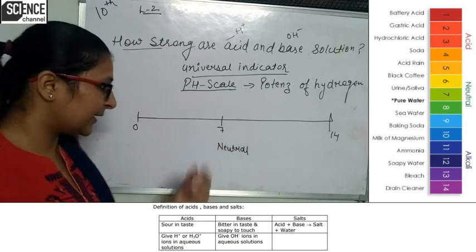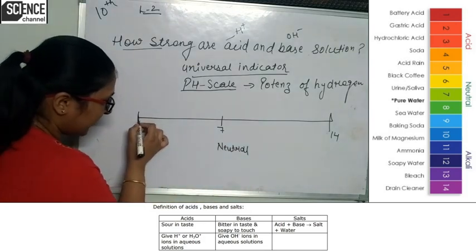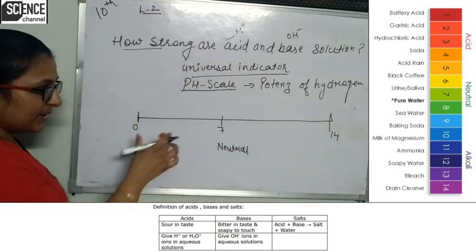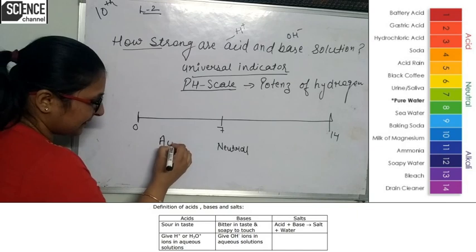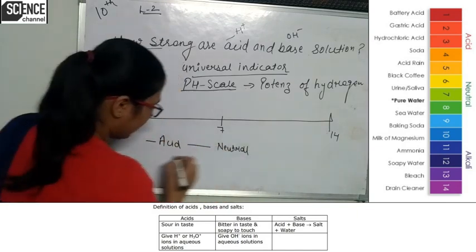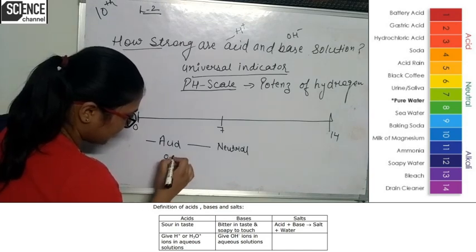So how can we detect? We have discussed that if the value is from 0 to 7, it means acidic, that is, less than 7.